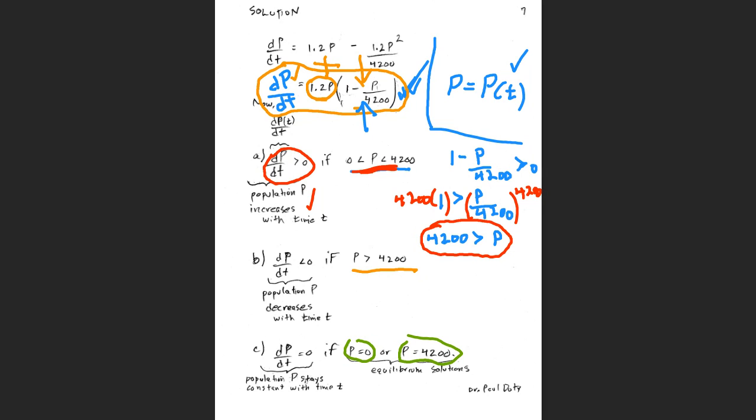And when we say the derivative equals 0, that means the population stays constant with time t. If the derivative equals 0, then the population stays constant, because the derivative of a constant is equal to 0. And a constant function is a horizontal function.